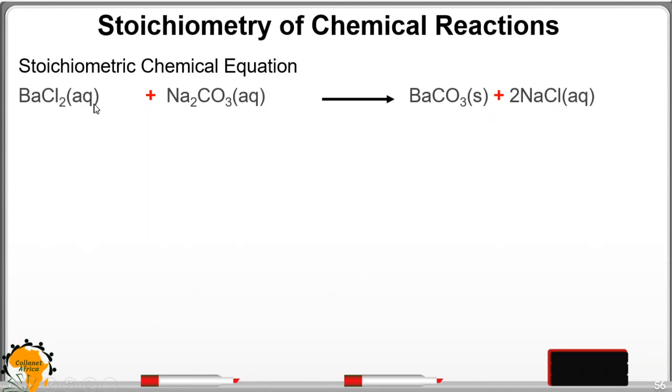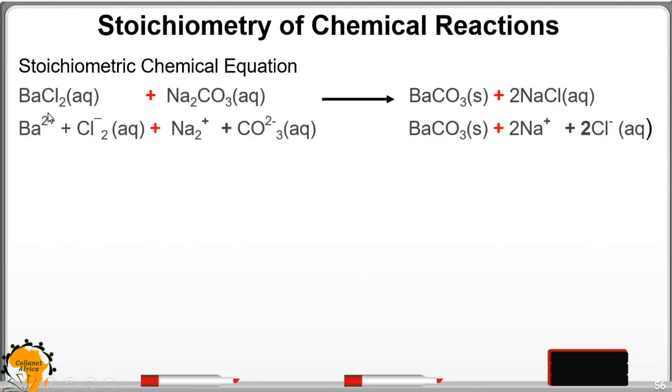So in this equation, you now dissociate the aqueous compounds into ions. So barium will be having that way, and then after doing that, you'll find that there are some ions which are on either side of this chemical equation.